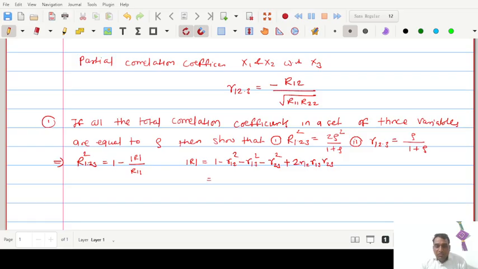So by putting these values we get 1 minus rho square minus rho square minus rho square plus 2 times rho cube, from R12 R13 R23, correct? Which is equal to 1 minus 3 times rho square plus 2 times rho cube.